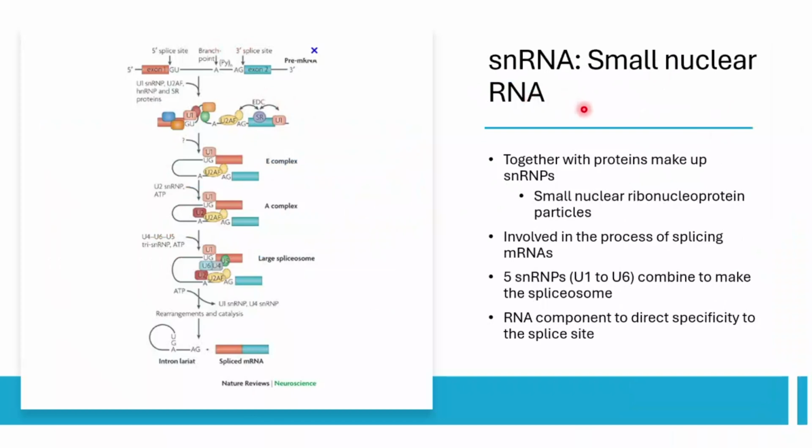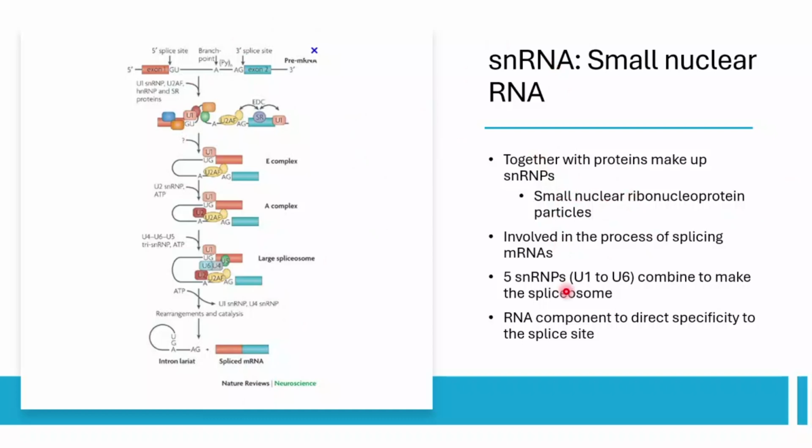Small nuclear RNAs. So this is another group of functional RNAs. These ones here are very important for splicing, the 1993 discovery. The small nuclear RNAs are found in the nucleus, obviously, and they will bind to proteins and create these small nuclear ribonucleoprotein particles.